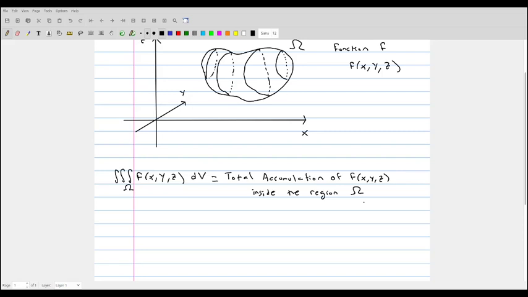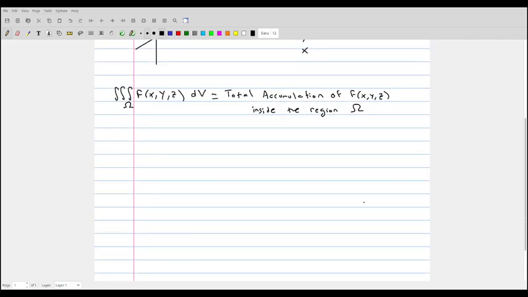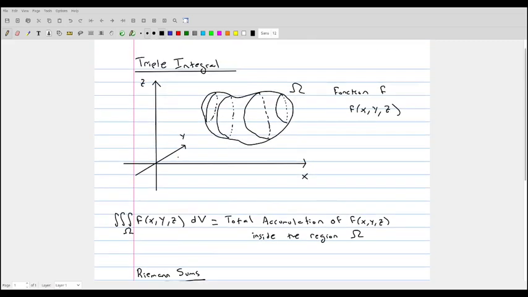So the main idea, and the way that we exactly define what this value is, is through the process of Riemann sums. And the idea here in doing the process of Riemann sums is going to be the exact same idea as before for the double integral.